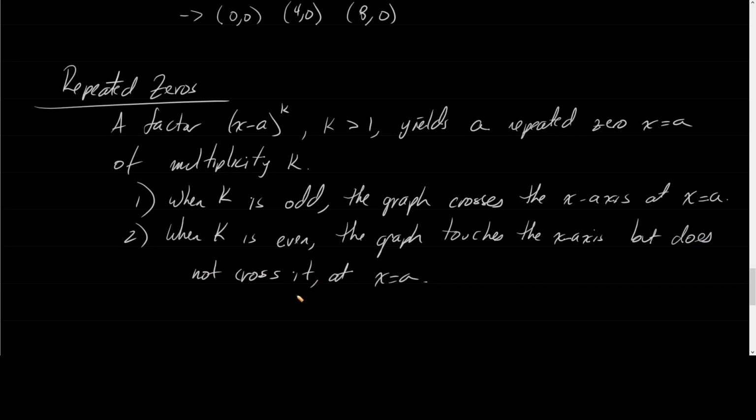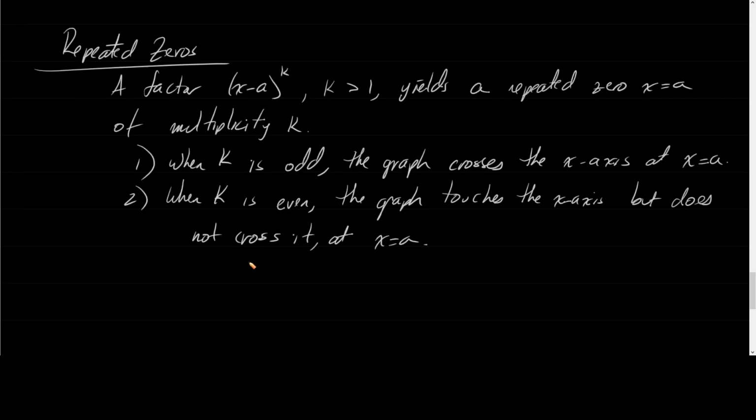In other words, it bounces back. So when the multiplicity is odd, it crosses. When the multiplicity is even, it bounces. This is really the reason why we're going to allow k being equal to 1 into the talks of multiplicity, because 1 would be odd, and it's still useful for figuring out what is happening there.